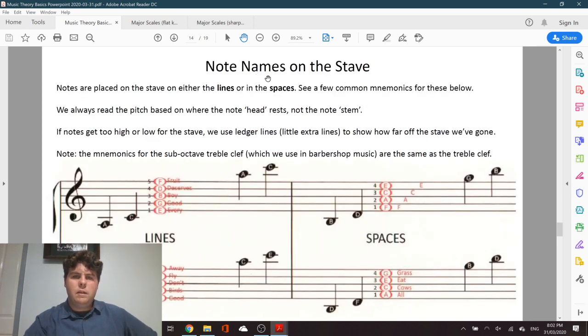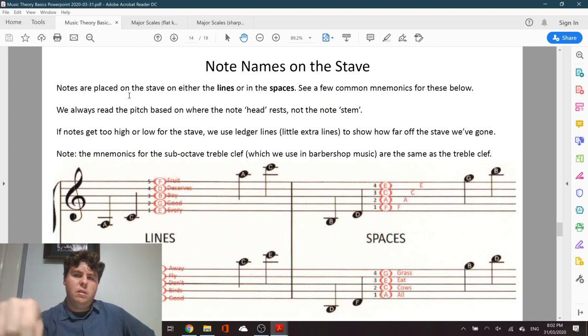Note names on the stave. This is a sheet that I made for my piano and guitar students. It just has several very common mnemonics that people use to remember the notes, how to read the notes on the treble clef and the bass clef. Notes are placed on the stave on either the lines or in the spaces.